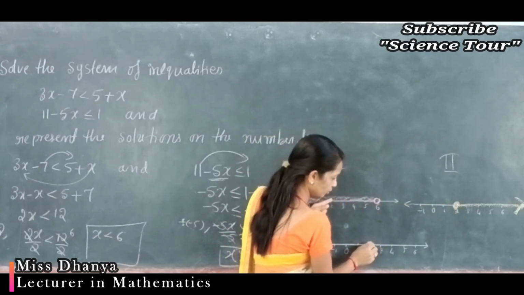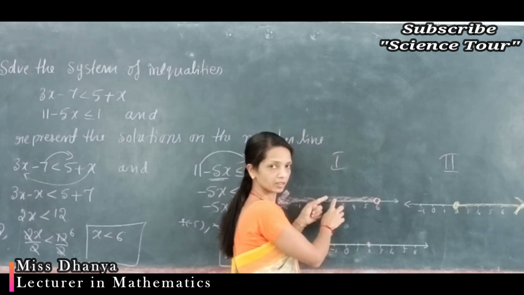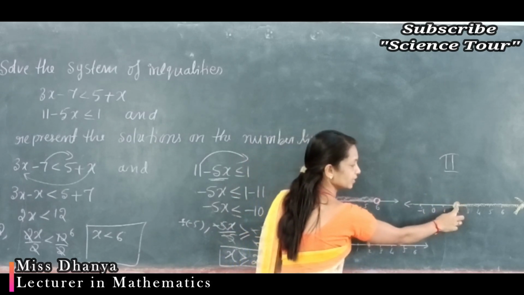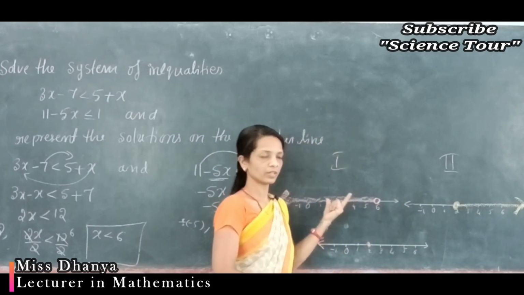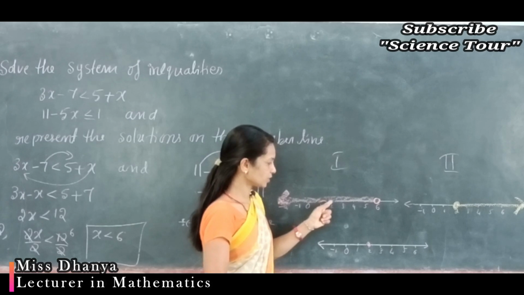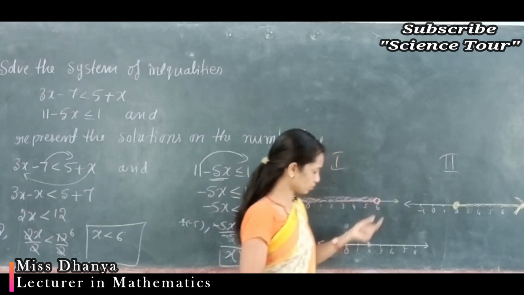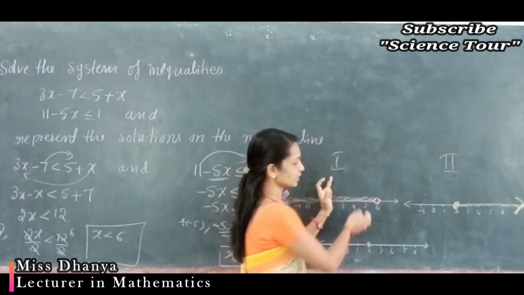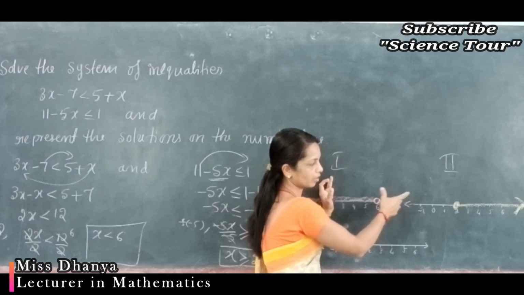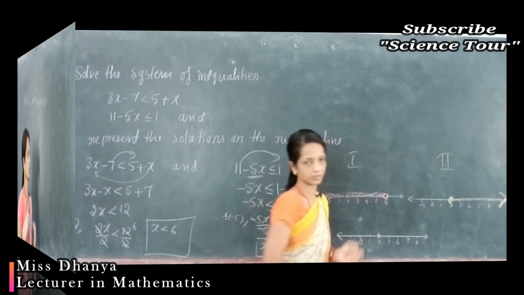So at 2 draw a closed circle, because that is included in this number line and in this number line also, the solution of that inequality. Okay, 2 is shaded in this number line and it is shaded in this number line also, so you have to shade at 2. Now which common shaded region can we draw here?